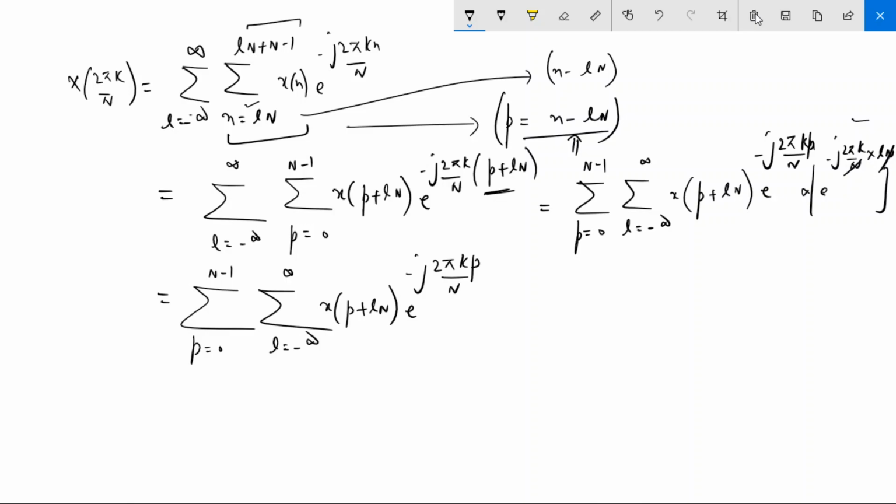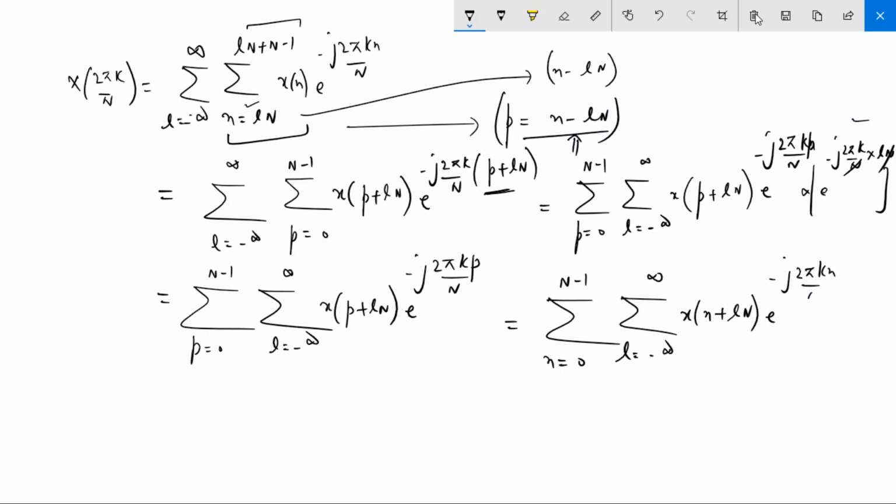And again I change this variable p to n, so it will become n from 0 to n minus 1. I'm using this just to be consistent with what is given in your textbook. Otherwise you can keep it p also, no issue. It will be x of n plus ln e raised to power minus j 2 pi k n by n.